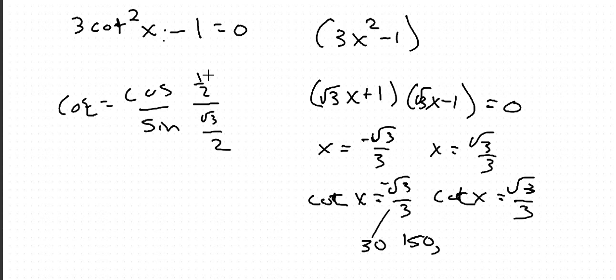So I need to know when the cosine is equal to negative 1/2. So when is the cosine equal to negative 1/2? So actually, this angle is off. Yeah. It should be 120, and the other place where it's negative would be 240.